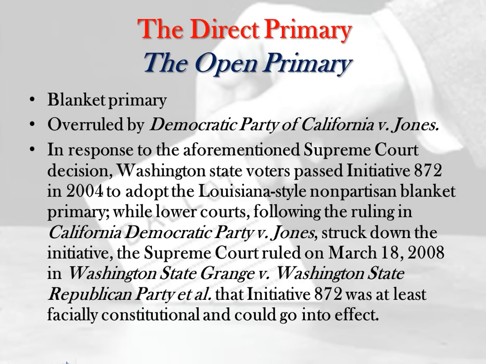While lower courts, following the ruling of California, struck down the initiative, the U.S. Supreme Court ruled on March 18, 2008, in Washington State Grange versus Washington State Republican Party et al., that Initiative 872 was at least facially constitutional and could go into effect. In other words, Washington can follow the Louisiana model of nonpartisan blanket primaries.